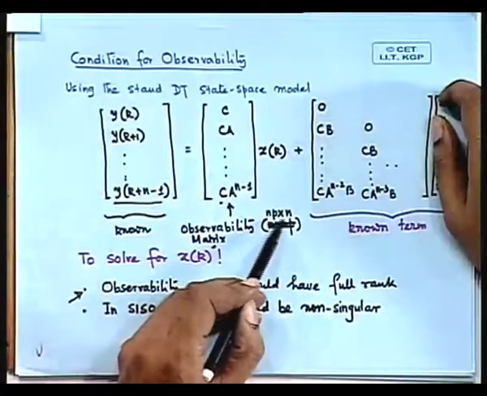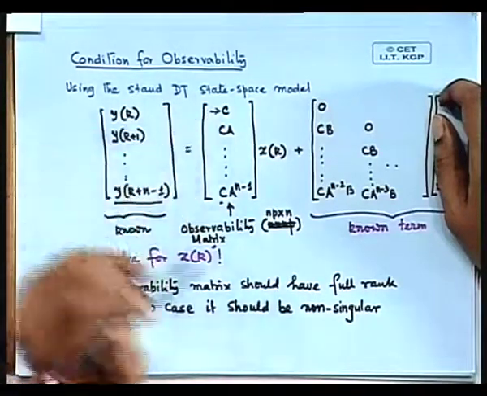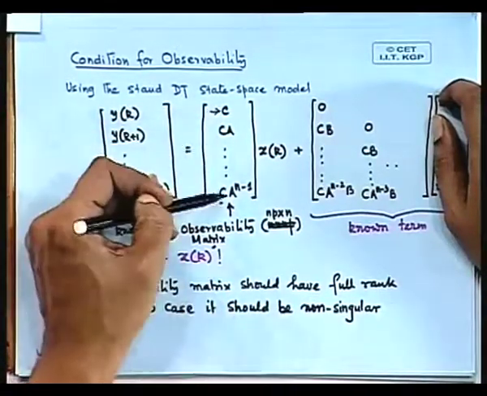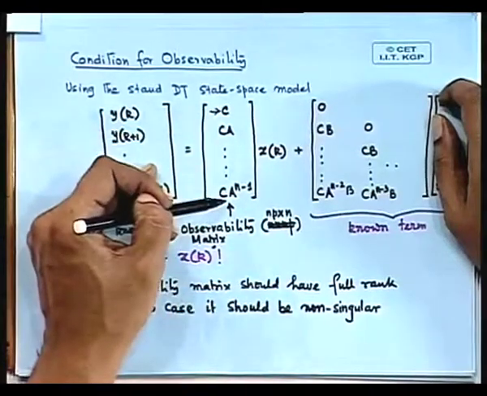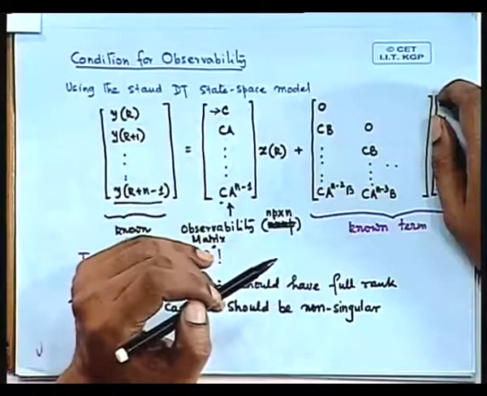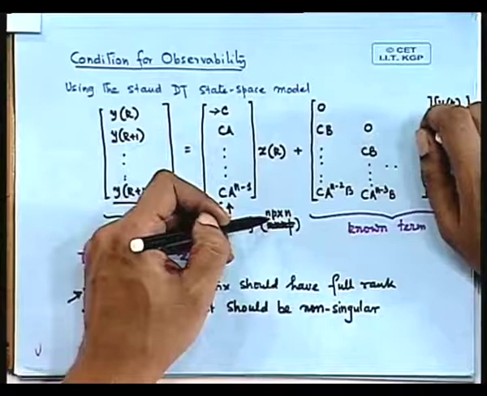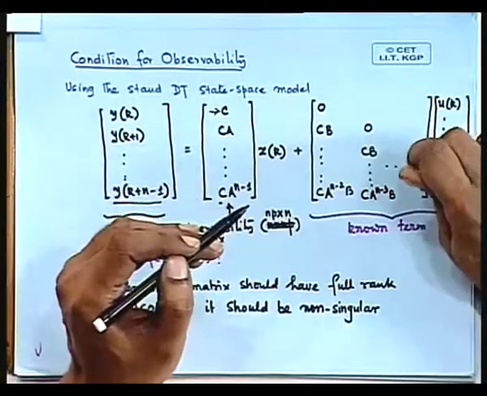Why full rank? Because what is this matrix? This matrix is np into n. There are np number of rows and n number of columns, since C has n columns and each block has p rows, and there are n of them. So obviously an np into n matrix cannot have rank more than n; the maximum possible rank is the minimum of the row and column numbers.